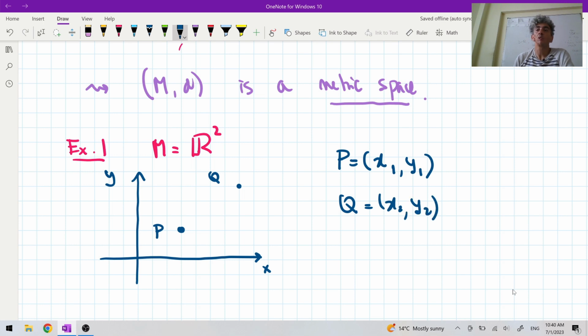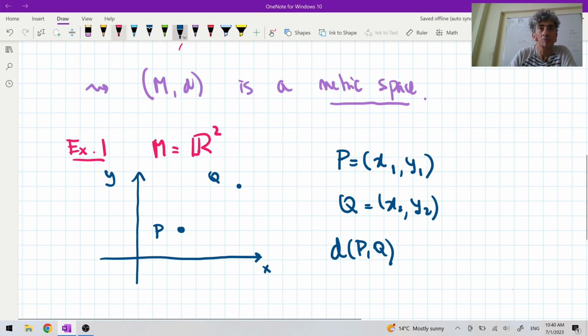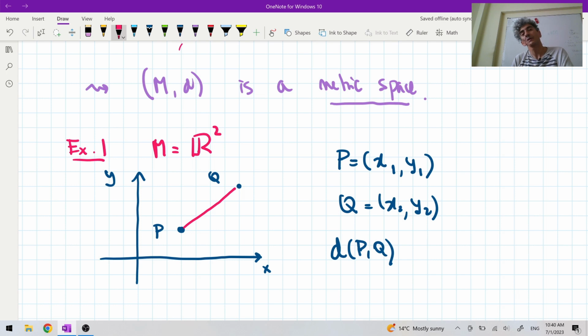So how do we measure the distance between P and Q? What's going to be the distance between these points? Well, it's going to be the length of this line. And how do we compute the length of that line? Well, using the theorem of Pythagoras. So we form a triangle, and this distance is the length of the hypotenuse.